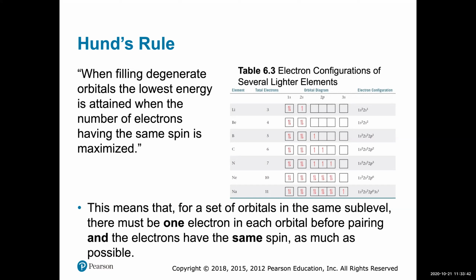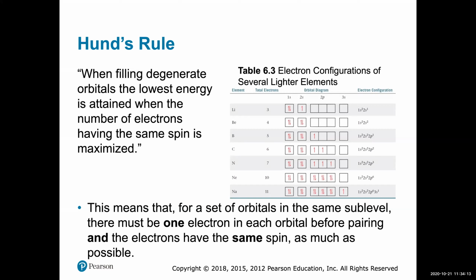Let's skip down to carbon at 6. So we fill up the 1s, we fill up the 2s, then we start filling up the 2p. Notice also that the 2p energy is less than the 3s. So before we go to 3s, we have to be filling up the 2p. In this case, our electron configuration would be designated as 1s2, 2s2, 2p2.